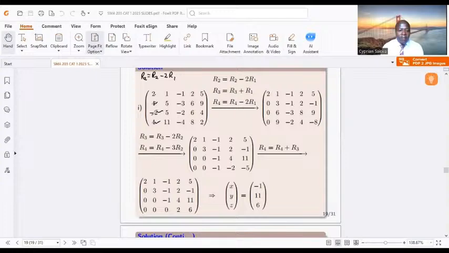And to get a 0 in row 3, I'll take the current row 3 plus row 1. And to get a 0 in row 4, I'll take the current row 4 minus 2 row 1. So this is what I've written here as the operations that I want to perform.